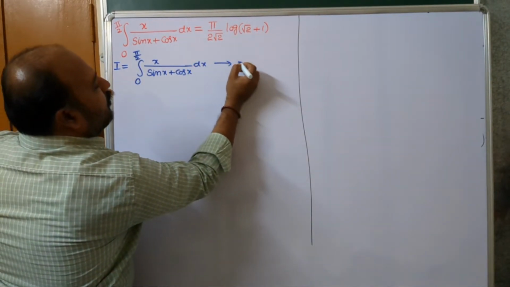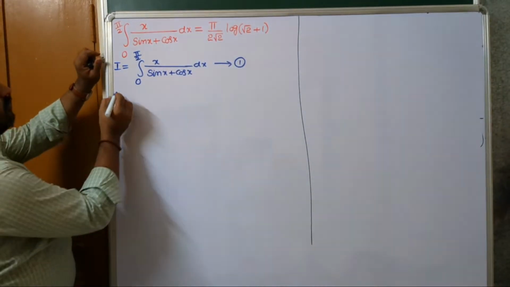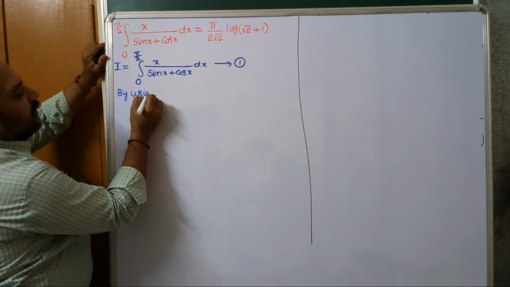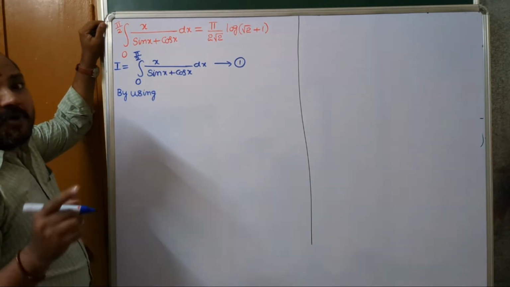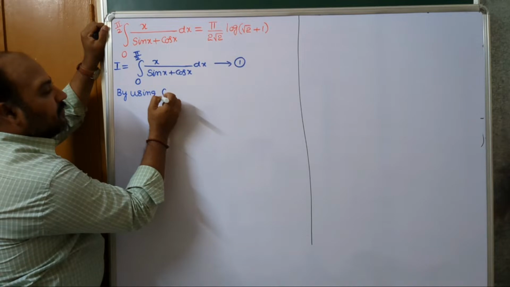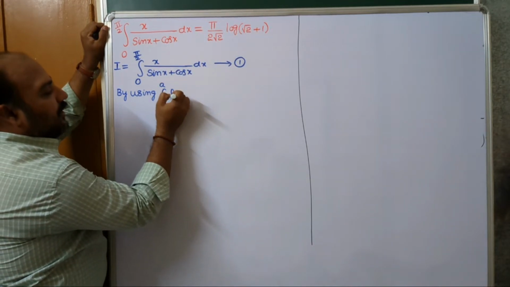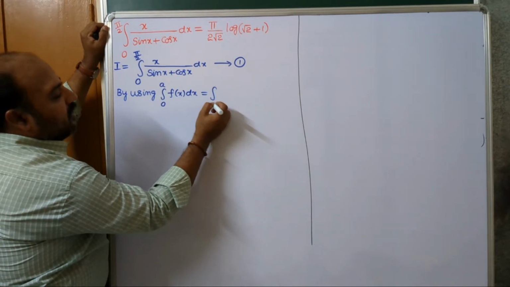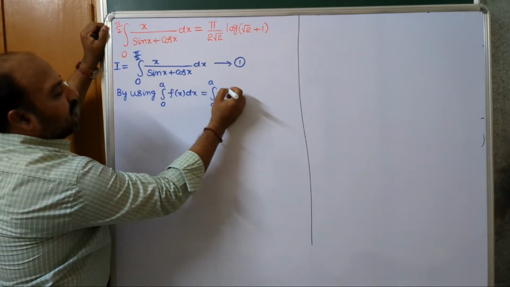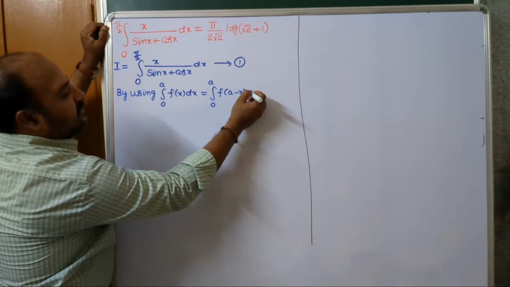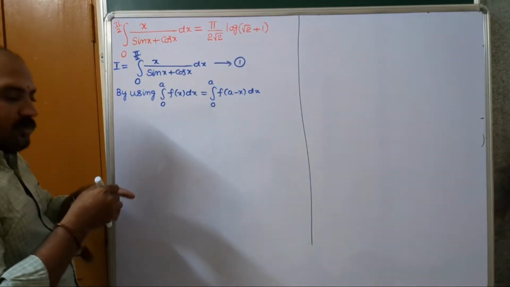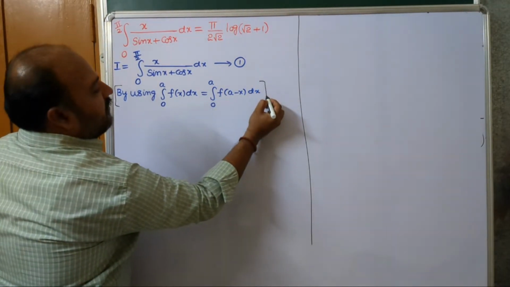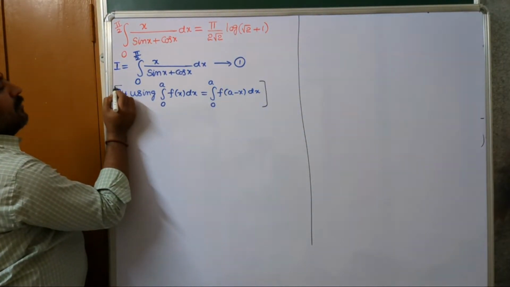You put that equation number 1, by using one of the properties in definite integration: integral 0 to a f of x dx is equal to integral 0 to a f of (a minus x) into dx. By using this formula, very important one, keep in mind, dear students.